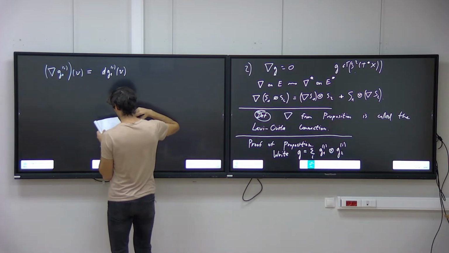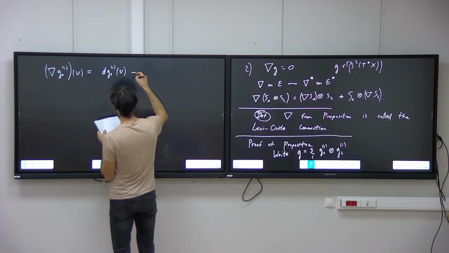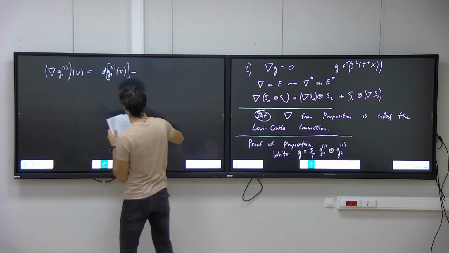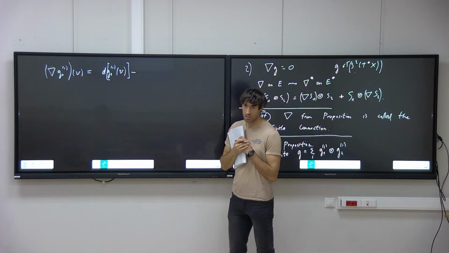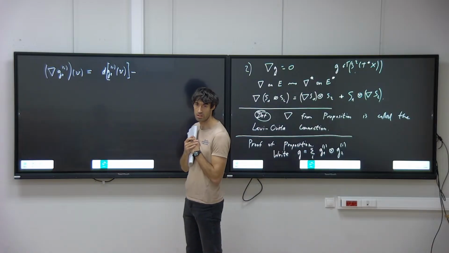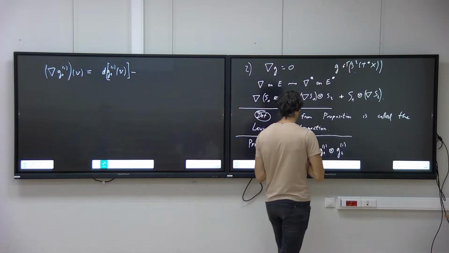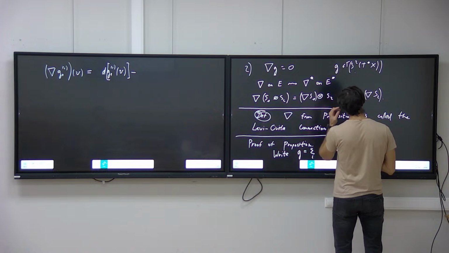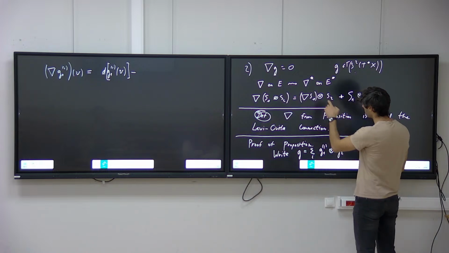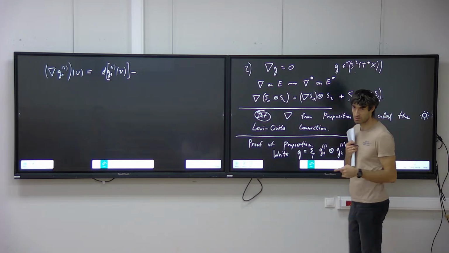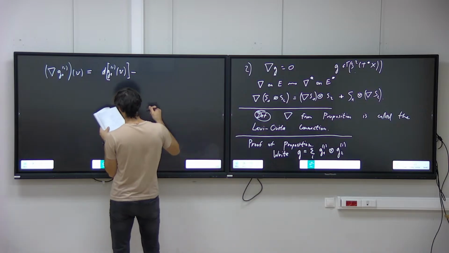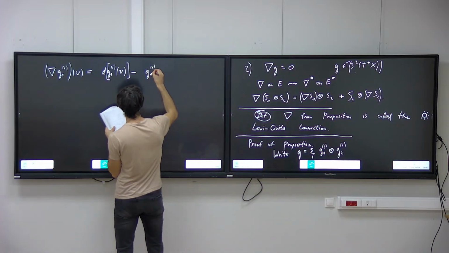Minus, so here I mean dg, like this. And g_i are sections of T*X. Yes, so I'm recalling the definition of nabla star, and it was like that, minus g_1i of nabla V, and this is for any i.